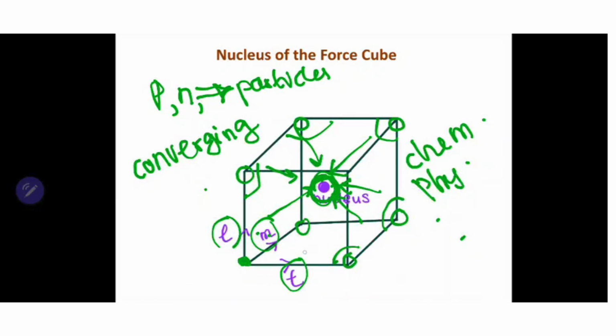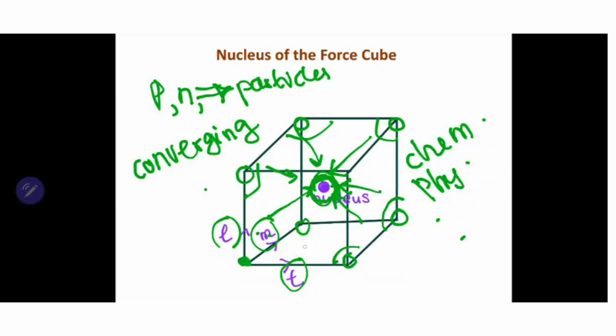Therefore, the universal wisdom, the universe, tries to maintain the force cube as it is without collapsing it onto the nucleus, while the nucleus attracts each vertex towards it. This is unbelievable. That is why these things are beyond our human range, beyond our human mind.